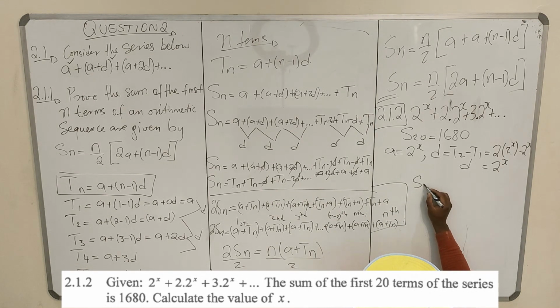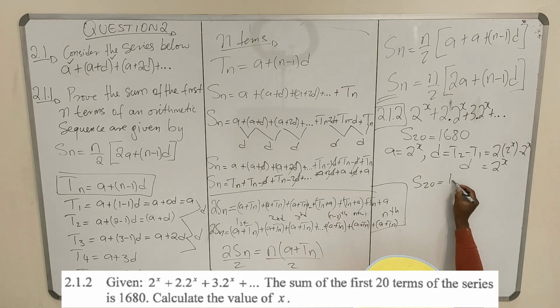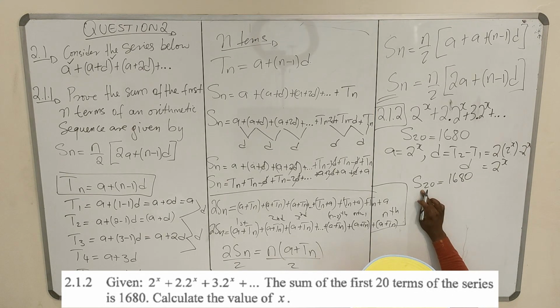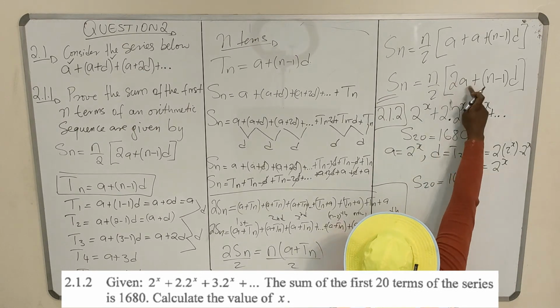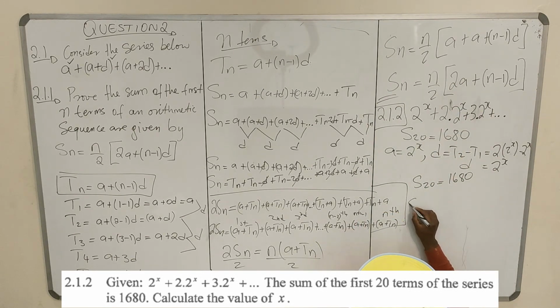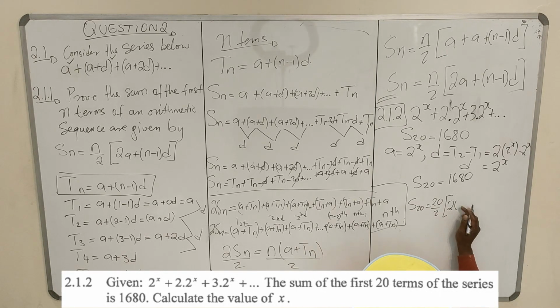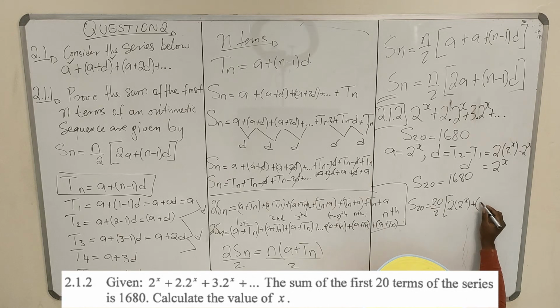So now you know that the sum of 20 terms is equal to 1,680, right? How do you find the sum of 20 terms? Substitute 20 there. So S20 will be equal to 20 over 2 into 2a, what is your a? Your first term, which is 2 raised x, plus n minus 1, which is 20 minus 1, times 2 raised x.